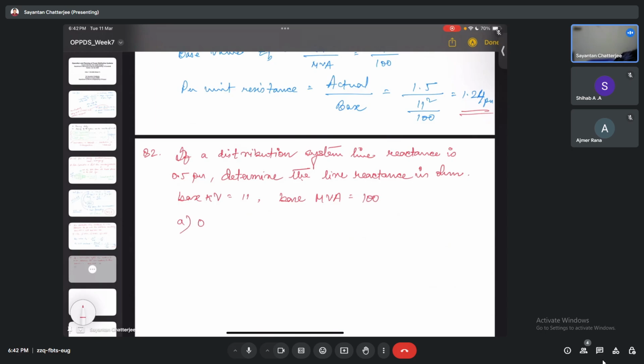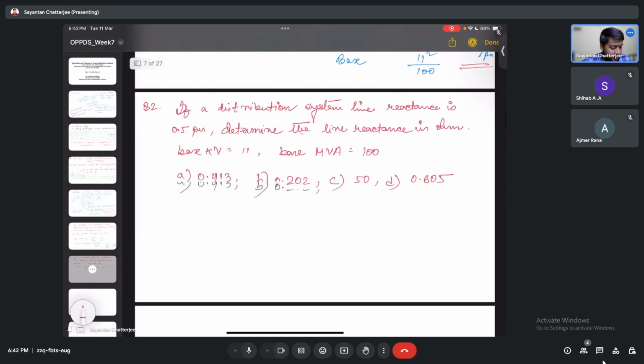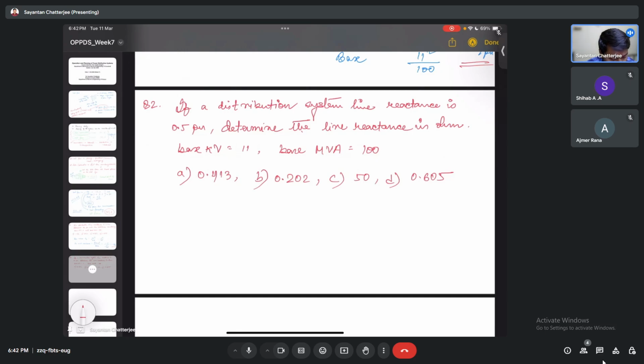Options are A 0.413, B is 0.202, C is 50, D is 605. This is the question.